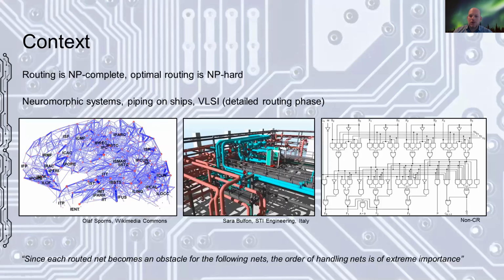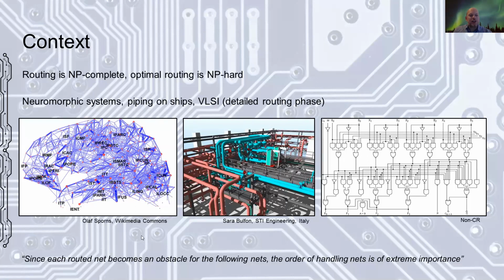So first of all, to give you a little bit of context, point-to-point routing is a problem in which several paths should be routed from one point to another, but should not collide. A very clear example of this is in the middle, right here, pipe routing on ships, especially in engine rooms, where you have a lot of pipes which should be routed from point A to point B, but should not collide with any other pipes, so they should move up or down or whatever.